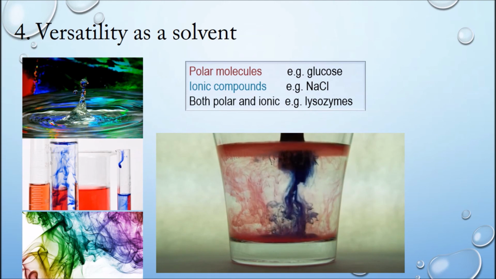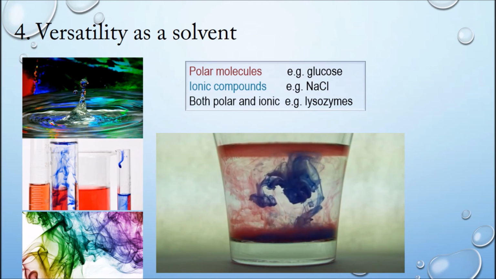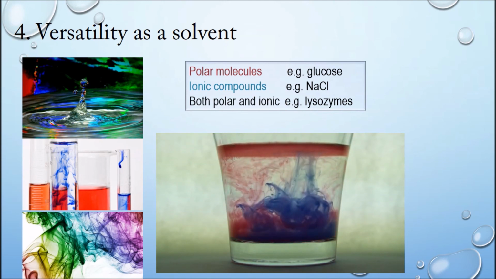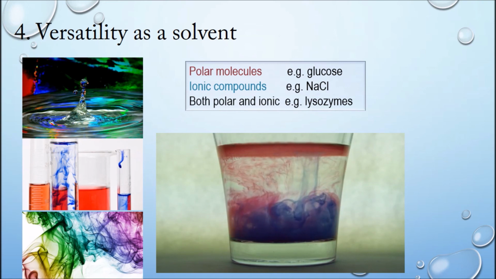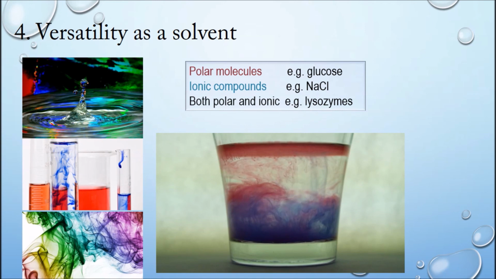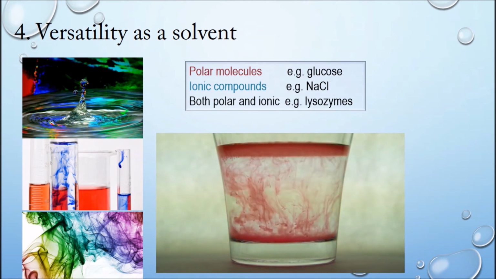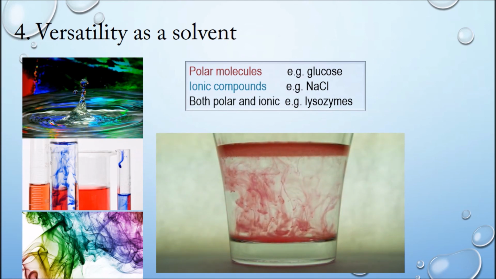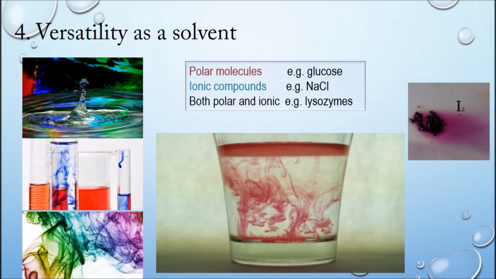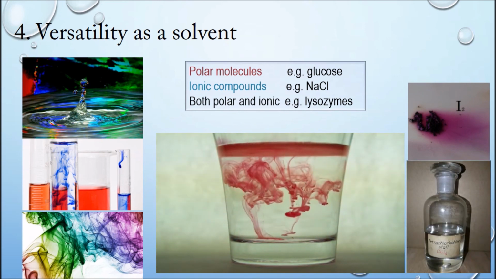Here, water molecules surround each of the solute molecules and form hydrogen bonds with them. Solubility depends on polarity and not on ionic nature. But there are substances that do not dissolve in water, for example iodine and carbon tetrachloride.